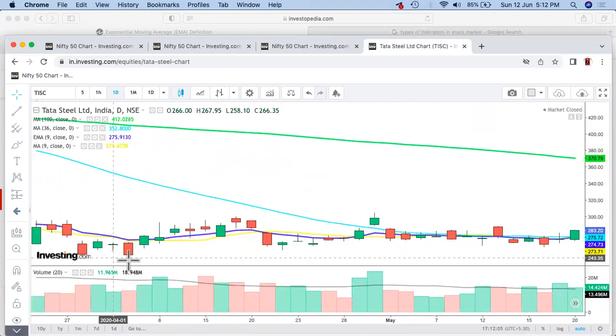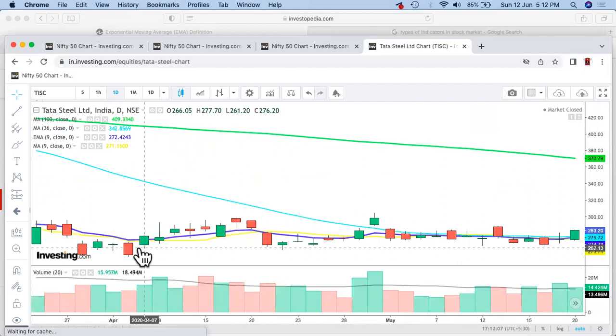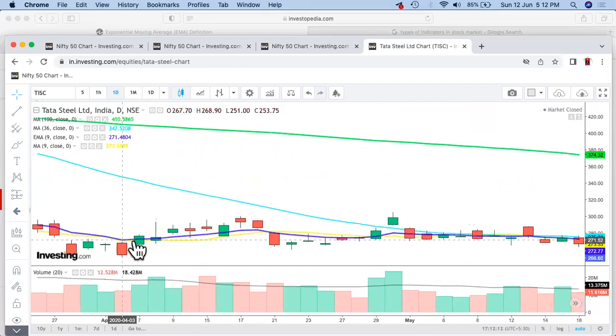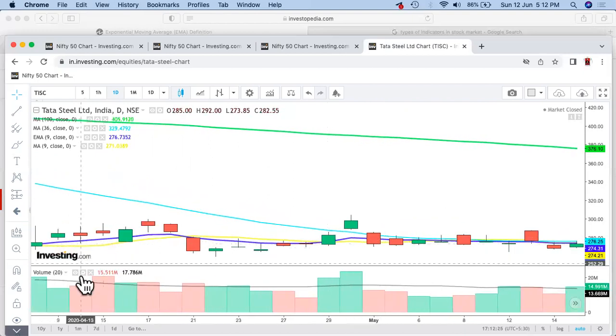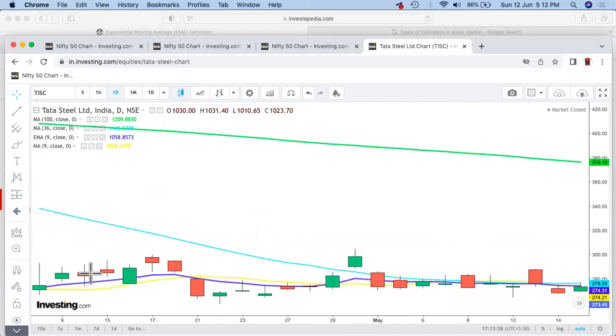Right? So if you see, while my moving average, the yellow line, has been moving slowly, my exponential moving average gives me an indication just before the yellow line does. So it has been moving up quickly and moving down quickly. Here also, the movement on the upside has been quick. Let's remove this. We don't require this.